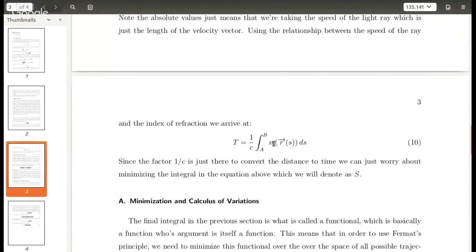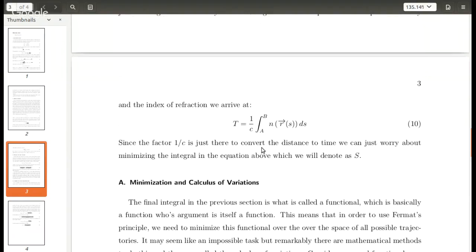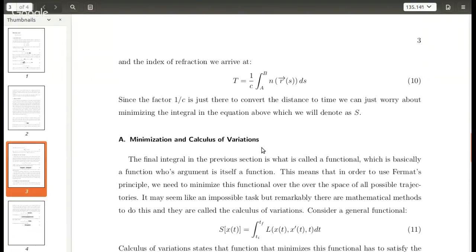I'm integrating the index of refraction at a given point over the length of the curve between A and B. There's a factor of 1/c here to set the units to be time. But if I want to minimize this, I don't really care about this factor of c, so I'm going to basically ignore that.